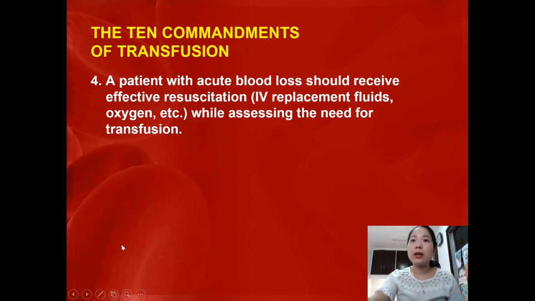And fourth, again, as I've mentioned, a patient with acute blood loss should receive effective resuscitation products such as IV replacement fluids while assessing the need for transfusion.